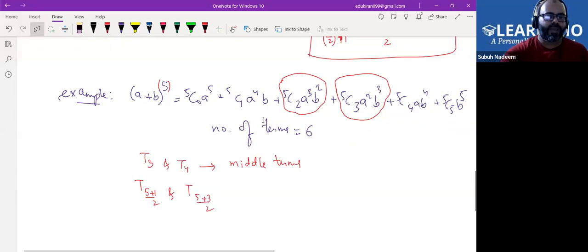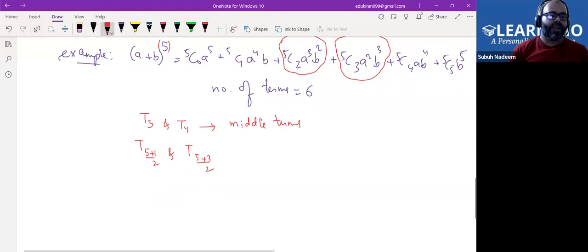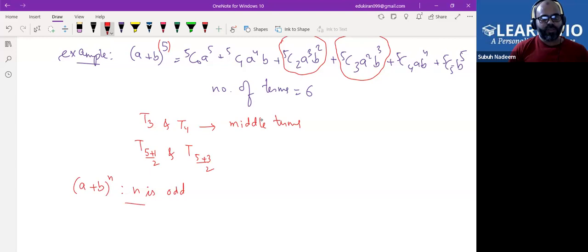So from here we get a general formula: if we have (a + b) to the power n, where n is odd, then the middle terms are the (n plus 1) by 2th term and the (n plus 3) by 2th term.